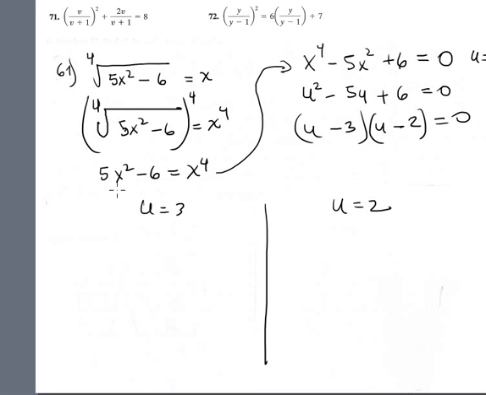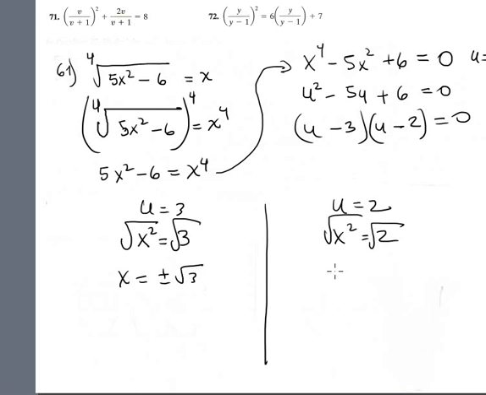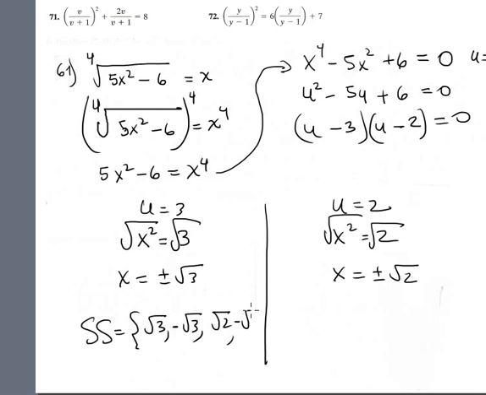If I want to retrieve the original variable, this is a quadratic equation, and you square root both sides, and the answer is x equal plus or minus radical 3, and here is plus or minus radical 2. The solution set is square root 3, negative square root 3, square root 2, negative square root 2.